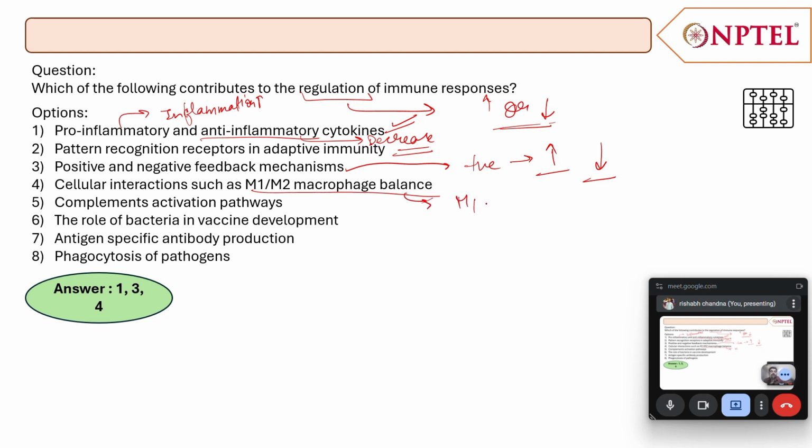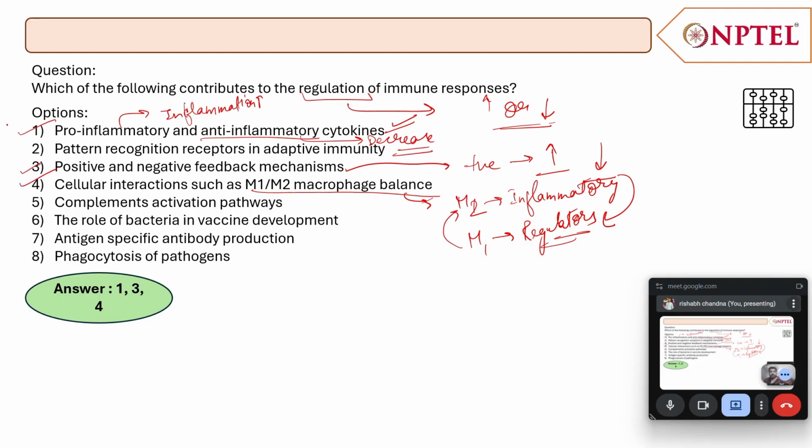So M1 is an inflammatory macrophage and M2 is its regulator. Whenever there is some stimulus at the inflammatory site, M2 moves to M1, and if the inflammation gets over, then it is converted back to M2. So this is how the regulation of the immune response takes place.